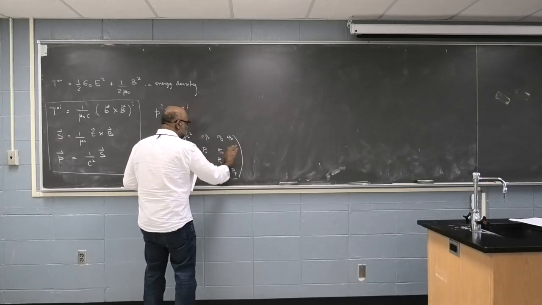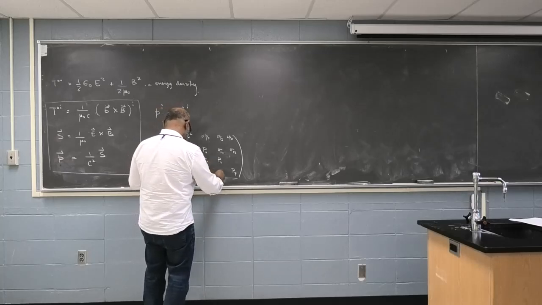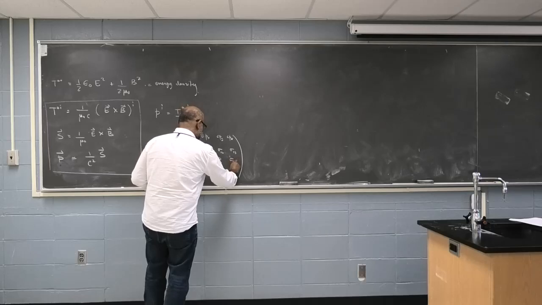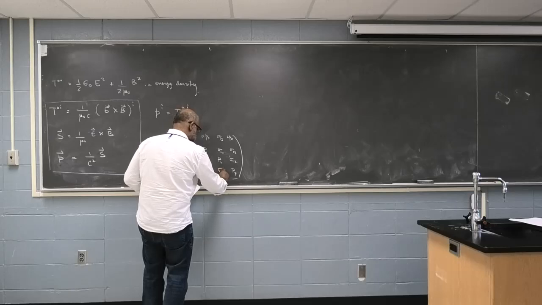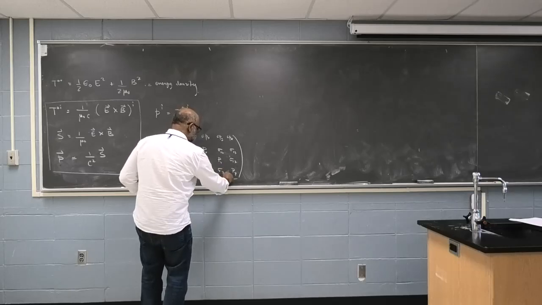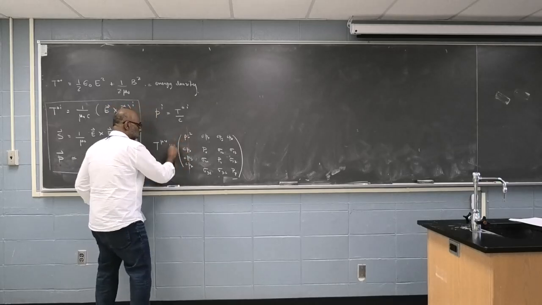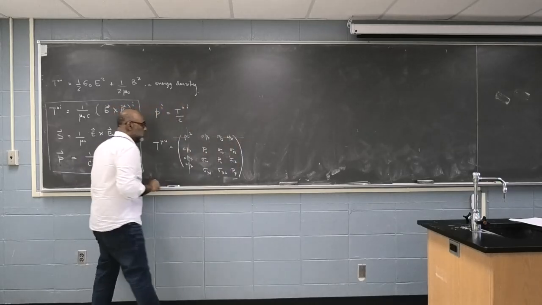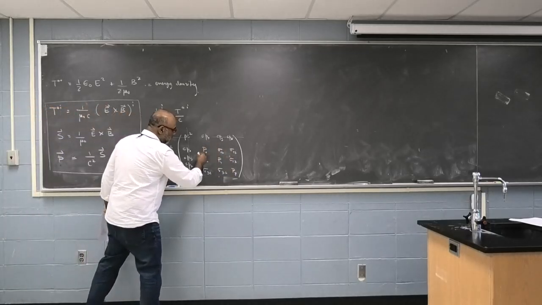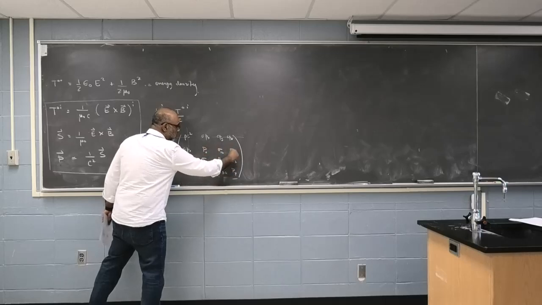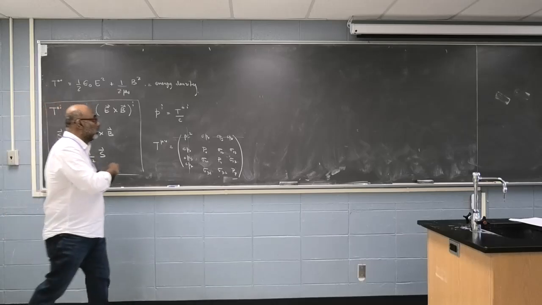I'm just calling it sigma 1,2, sigma 1,3, and I'll tell you what they are. Sigma 2,1, sigma 2,3, sigma 3,1, sigma 3,2. First of all, like I said, we have done this one, and we have done this one. Using the techniques that we're about to talk about, you need to verify that whatever I'm talking about here is true. It's in the notes. You just have to follow the argument.